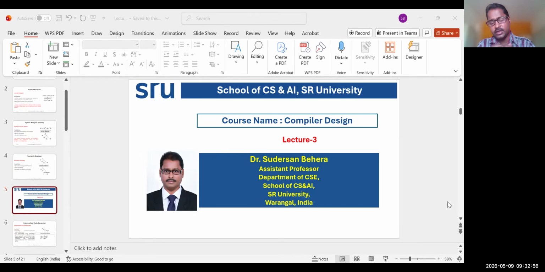Finally, what we came to know is that the lexical analyzer creates tokens and stores them in the symbol table. The syntax analyzer collects all the tokens from the symbol table and imposes a grammatical structure on them, that is called context-free grammar, to know whether the structure of the sentence is correct or not.